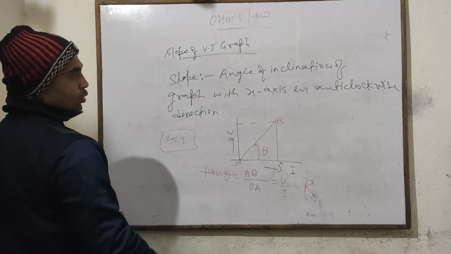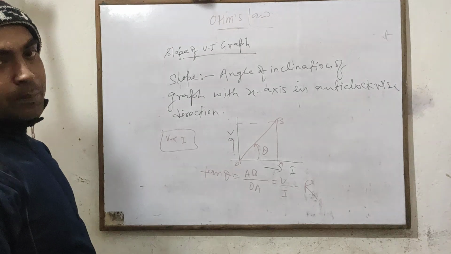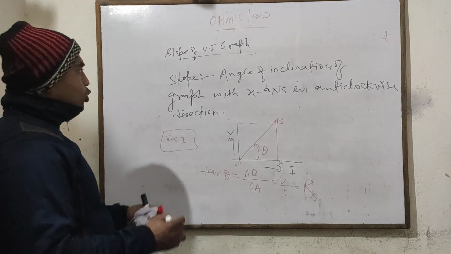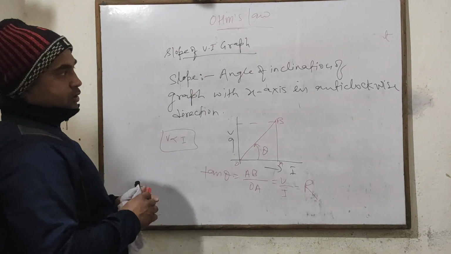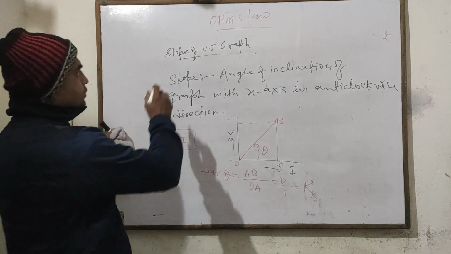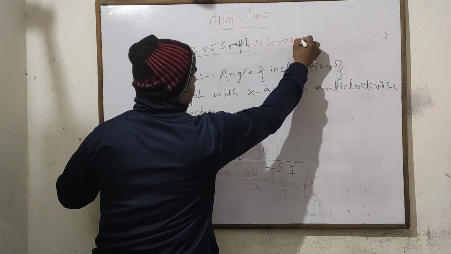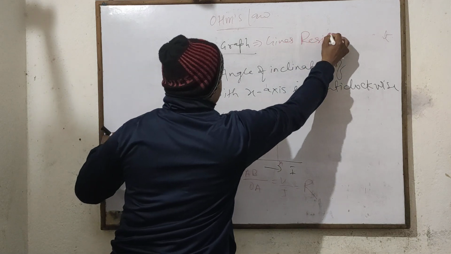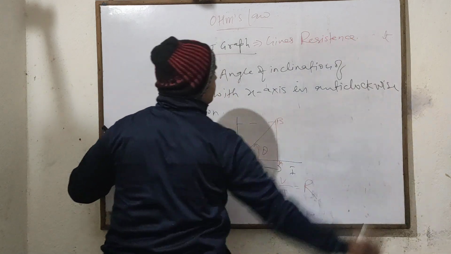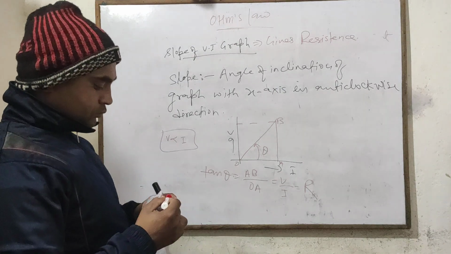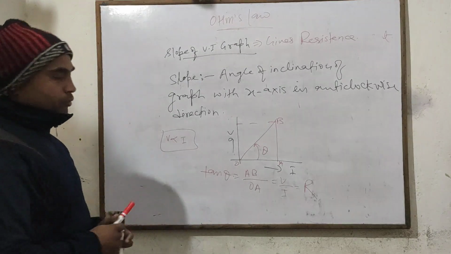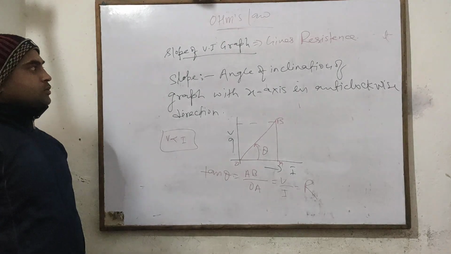Resistance. So, one important question for your board examination: what does the slope of the VI graph give? Resistance. Now, we may take the screenshot of this.